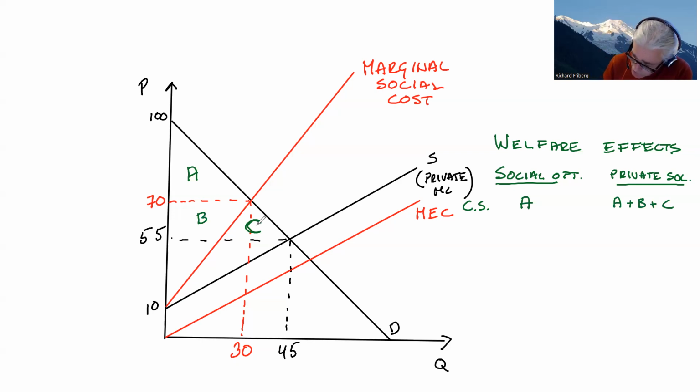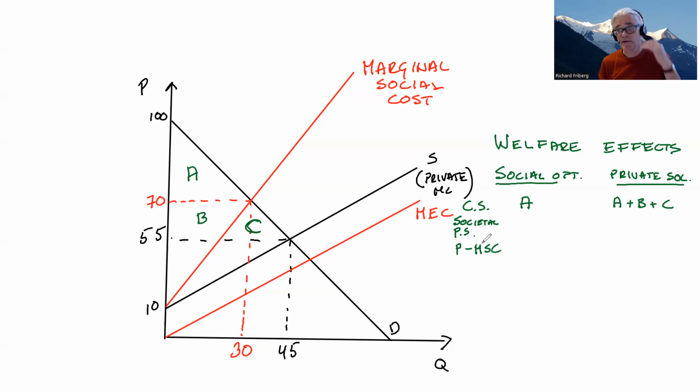So let's then turn to producer surplus, and here we can do this in different ways. We could look at the private producer surplus as well, and then look at the costs separately. But I find it simpler in some sense to look at what we call the societal producer surplus, the difference between price and marginal social costs.